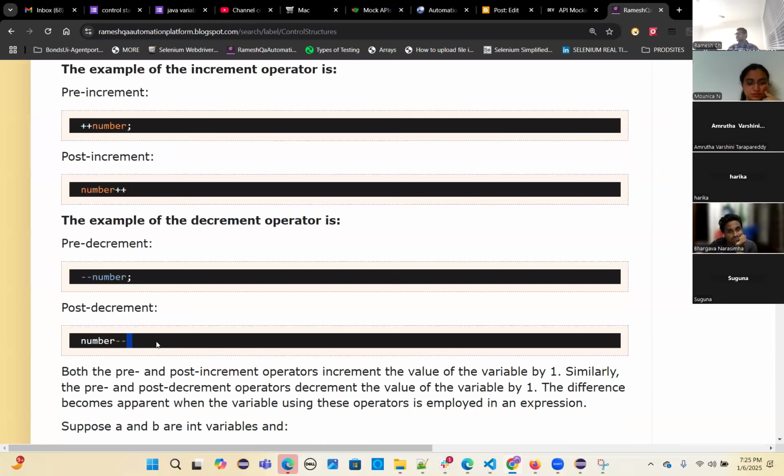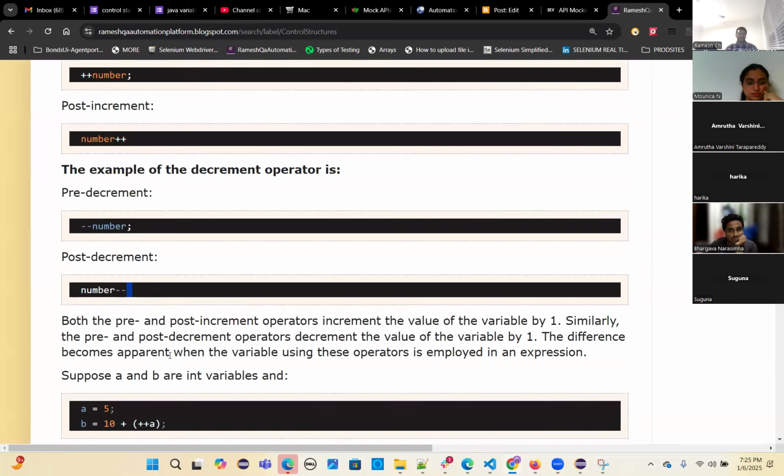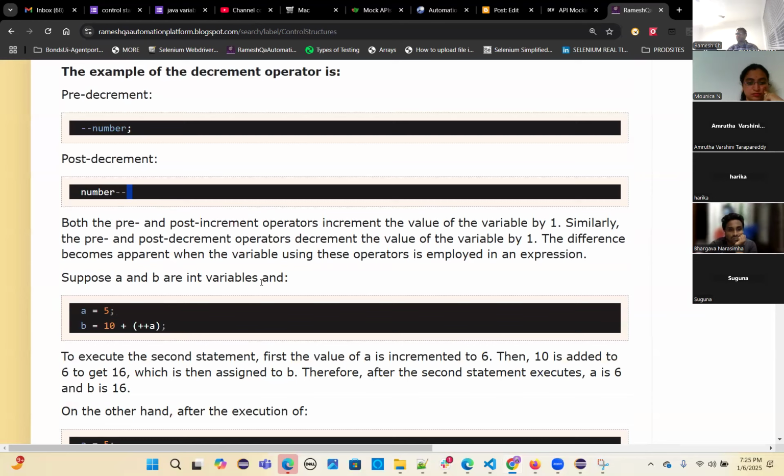Again, for increment and decrement operators we have two types: pre-increment, post-increment, pre-decrement, post-decrement. Both pre and post increment operators increment the value by 1, no doubt.